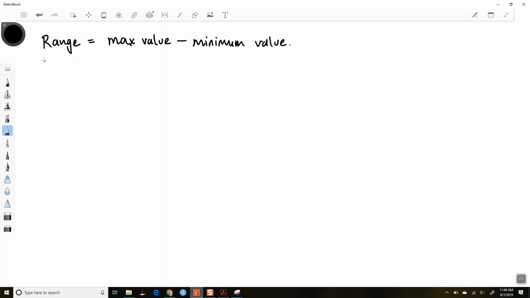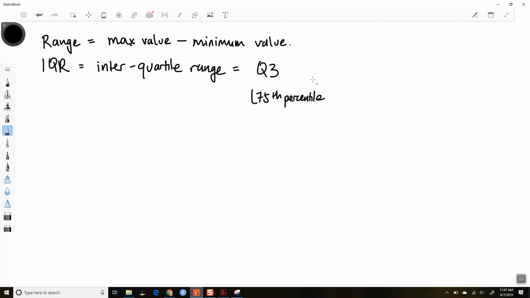And the IQR, which stands for the interquartile range, is equal to Q3, or the 75th percentile, minus Q1, the 25th percentile.